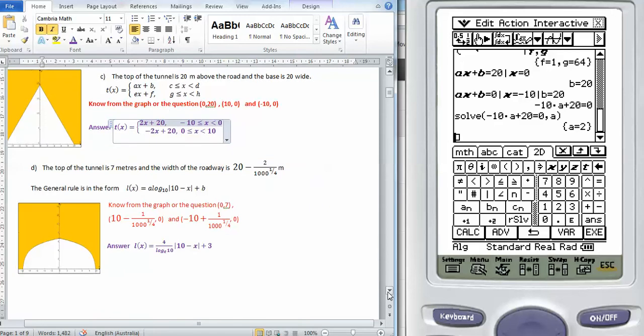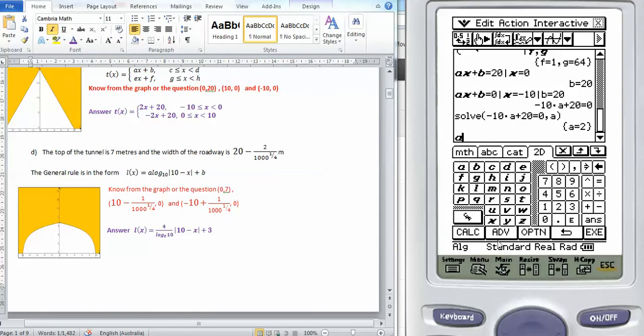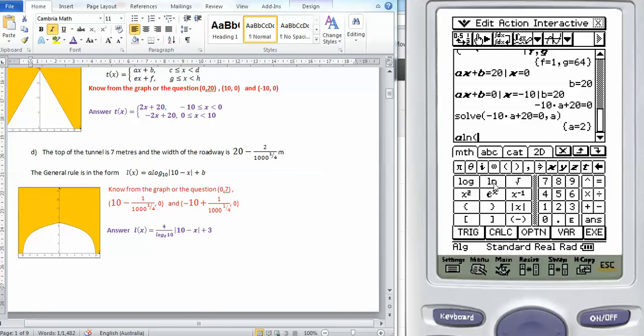And part D, I have a logarithmic function in this general form. Okay, so I have a, the natural logarithm. No, it's not the natural logarithm, it's log base 10 of the modulus of 10 minus x and plus b.